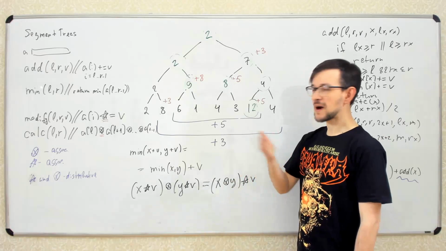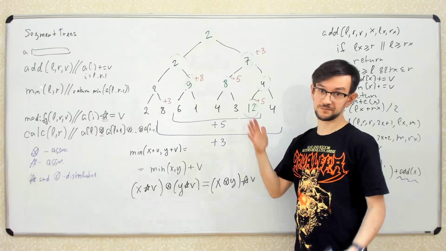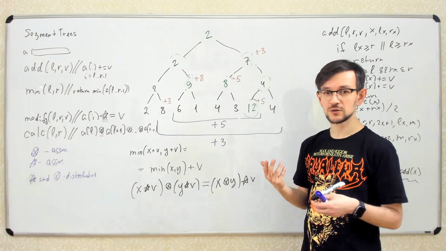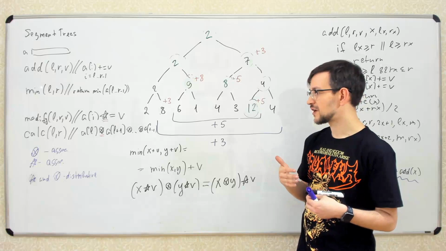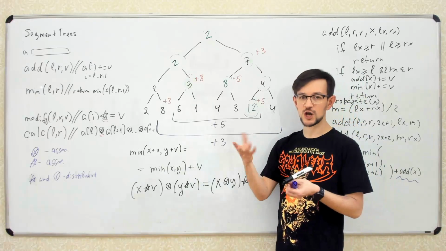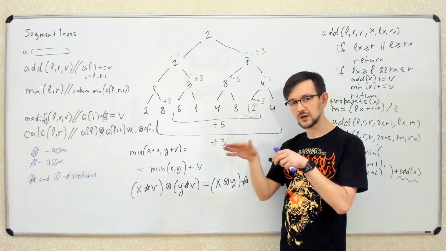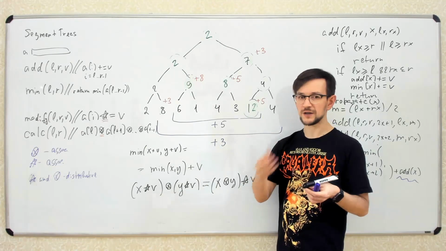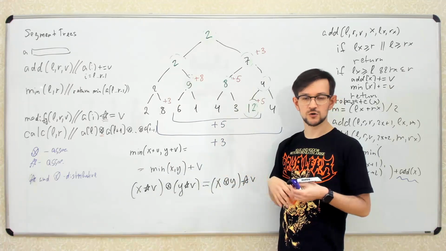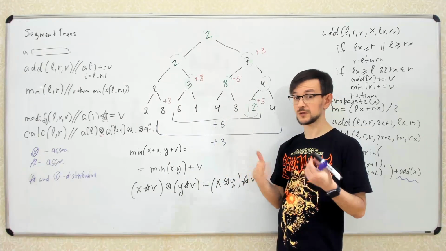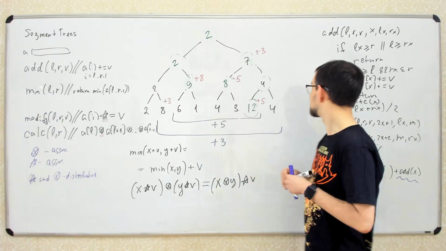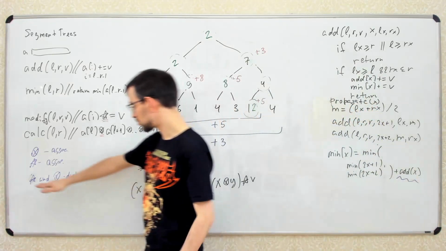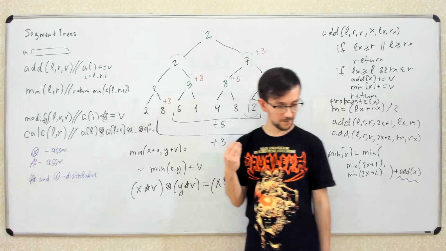So some pairs of operations are good. If your pair of operations is not good, you need to think about what's going on. Maybe you need to tweak your operations a little bit to make them distributive. Or maybe you should add some additional parameters to your function to make them distributive. Sometimes that's what you want to do.